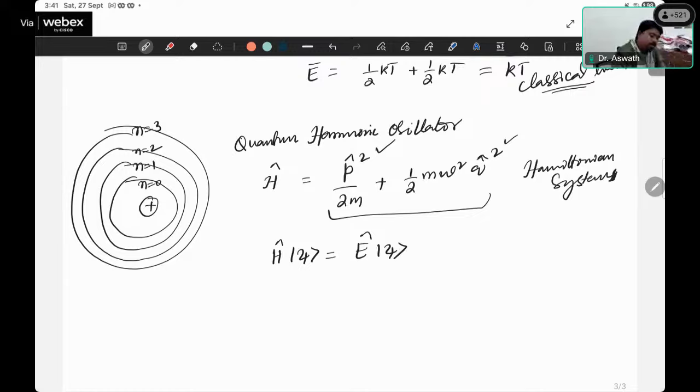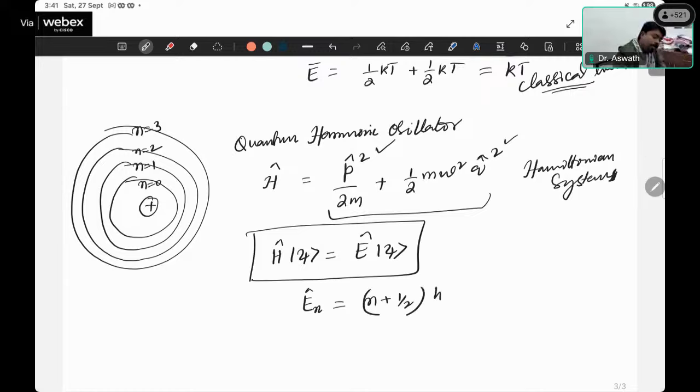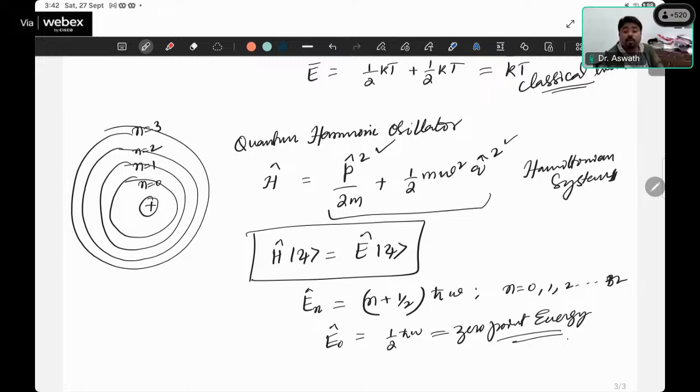In the Dirac notation, if you solve the Schrodinger equation, you can find the energies of the system: n plus half times h omega, where n is an integer starting from 0. For n equal to 0, what we get is half h omega. This is called the zero-point energy. We can even derive this using the equipartition theorem or using the Gibbs principle. Okay, we'll come to that.